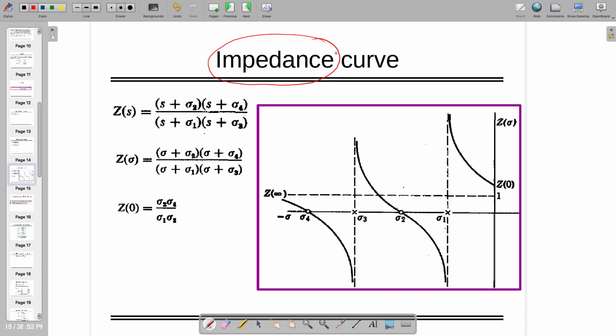If I am interested in finding the impedance curve, where the y-axis is Z of sigma and the x-axis is the frequency value, then at zero frequency you are going to see sigma 2 sigma 4 divided by sigma 1 sigma 3. That's the first point. It's a DC value, or zero frequency value.